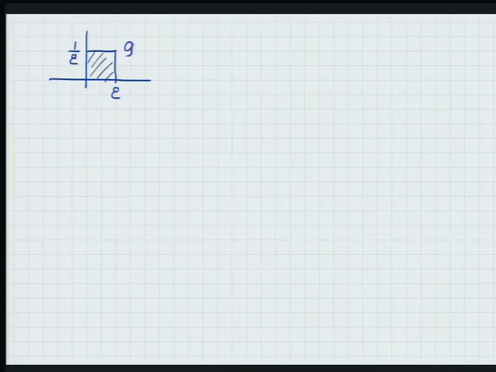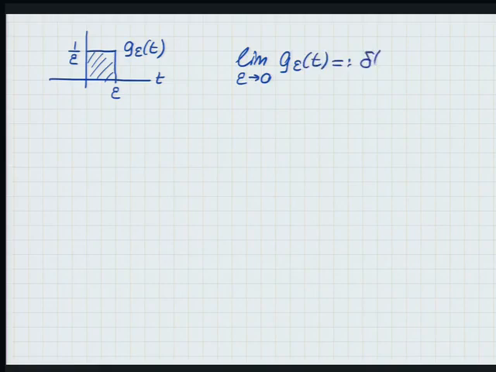So let me call this G epsilon of t, although I think I did not call it G back then, but it doesn't matter, okay? And then we said the limit as epsilon goes to 0 of G epsilon of t, you find this as delta of t. Okay, so this looks slimmer and slimmer as epsilon goes to 0, but taller, and area somehow remains 1. And the limit of that is delta of t, right?